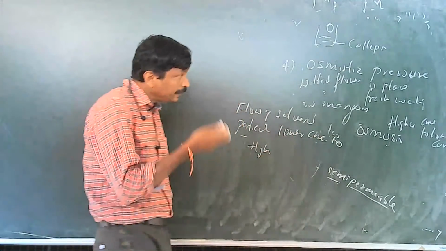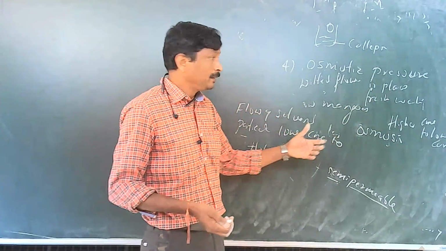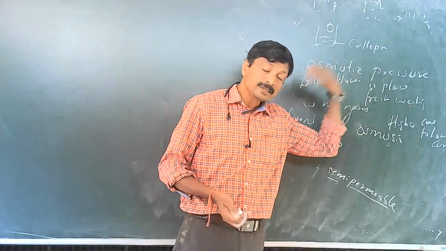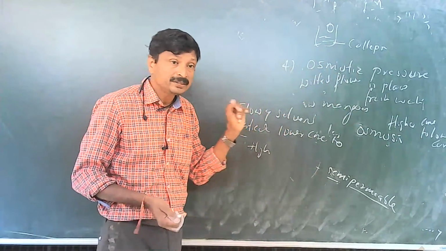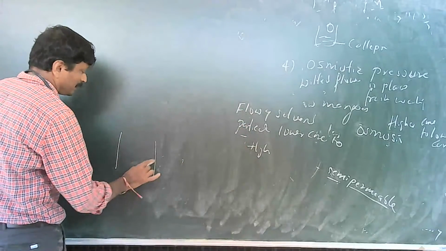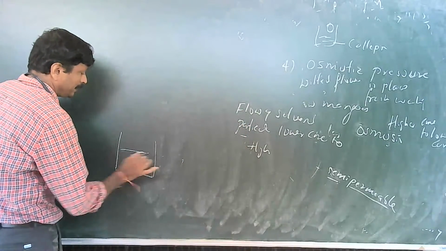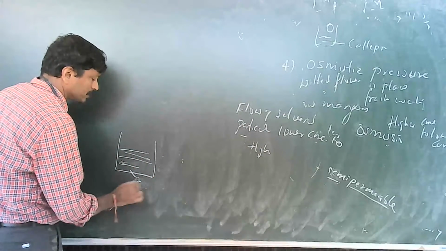The difference is that they define osmosis in terms of the solvent, and we define osmosis in terms of the solute. For example, suppose you have this NaCl or sugar solution. This is a sugar solution.